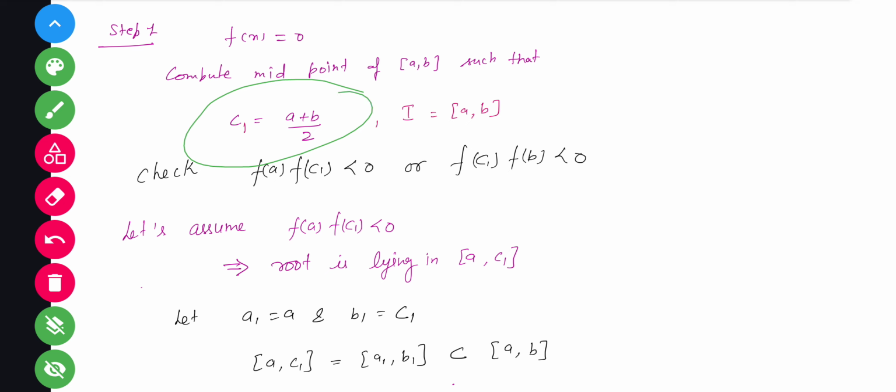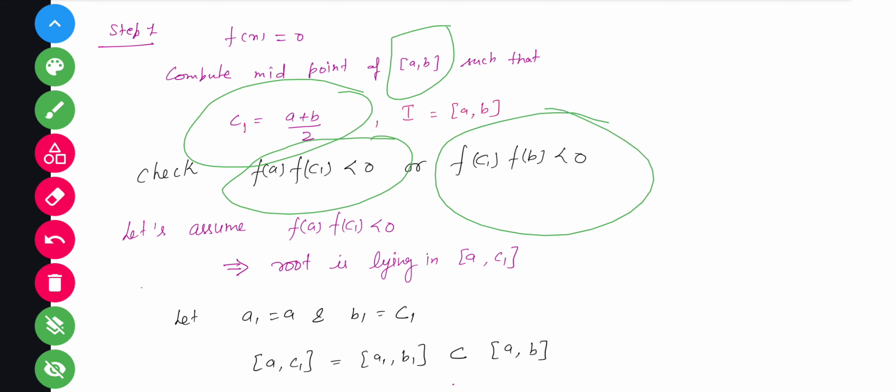First of all, the interval is this, and we are finding the midpoint C1, and we are checking between A and C and between C and B. Whichever satisfies the intermediate value theorem, we will replace with that one, so that we are able to decrease the interval.